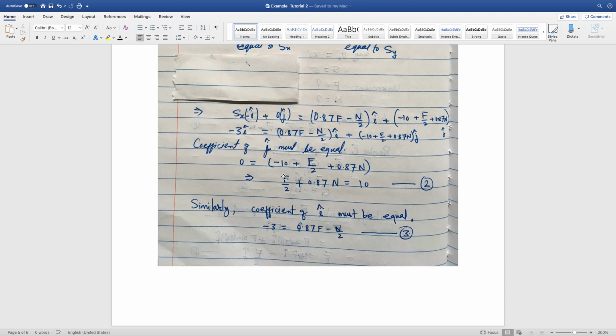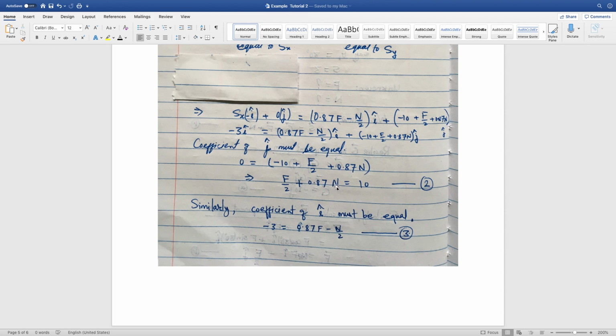Now you see we have these two equations, right? Don't worry about the numerical part. Just look at the unknown quantities: f plus some constant times n equal to 10, okay? And we have here some constant equal to some value f minus some value times n. So you see these two equations are two linear equations with two unknowns.